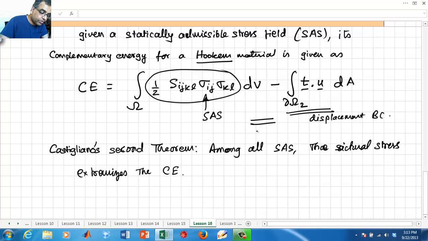Notice no body force term, because the SAS takes care of the body force. You know, statically admissible means it has to take care of the body force.